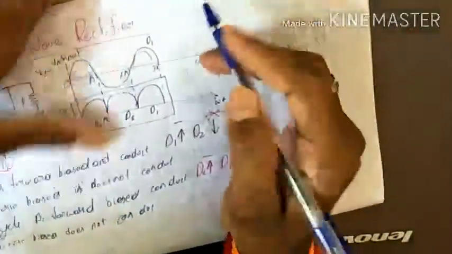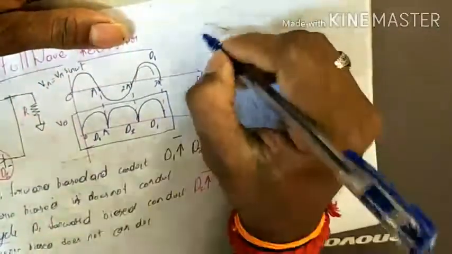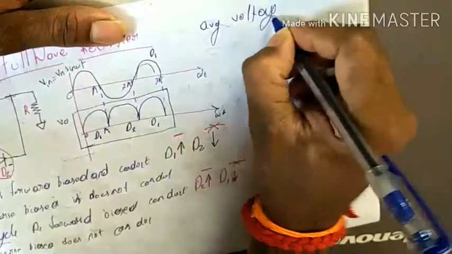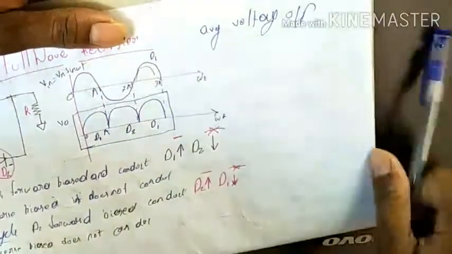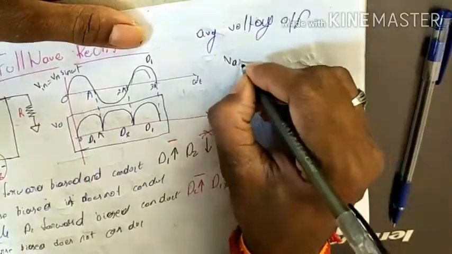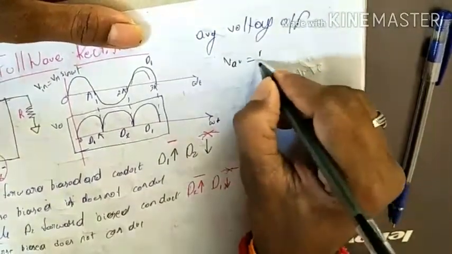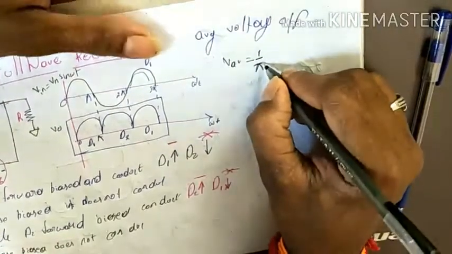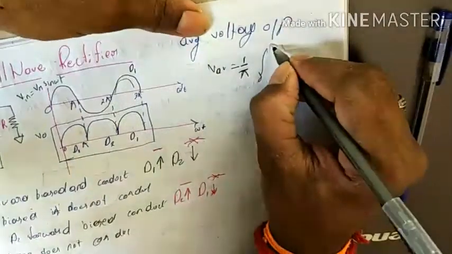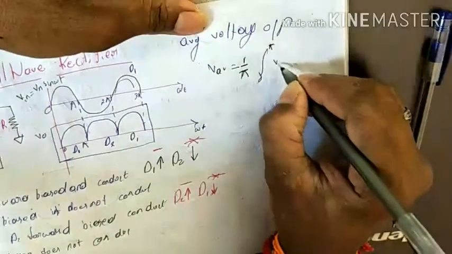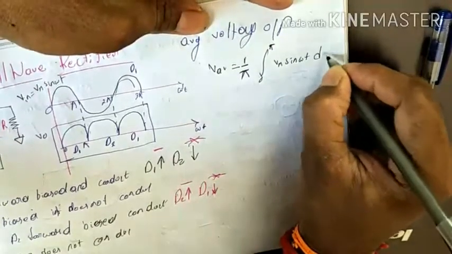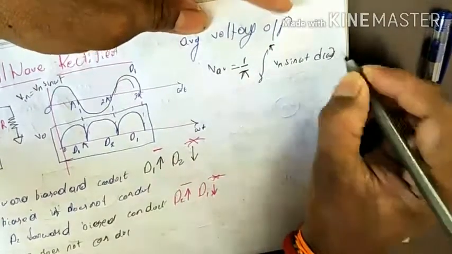Now we are going to see the average output voltage, V average. For this we take 1 by π, integral from 0 to π of Vm sin omega t d omega t.